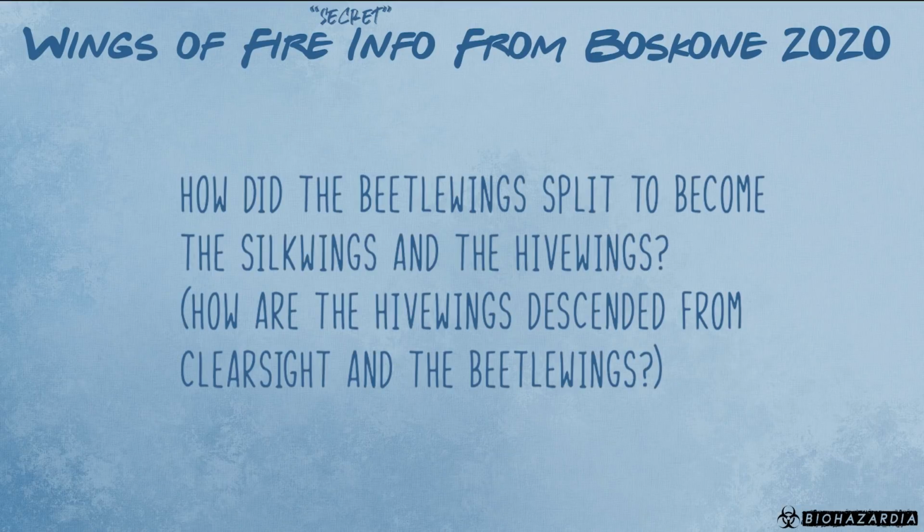The next question is an interesting one, which is how exactly are the HIVEWINGS descended from the NIGHTWINGS, or ClearSight, and the BEETLEWINGS? I know there have been a lot of fan theories that the HIVEWINGS aren't actually descended from ClearSight or the BEETLEWINGS, and that the HIVEWINGS and the SILKWINGS aren't actually related, but this question firmly debunks that theory.